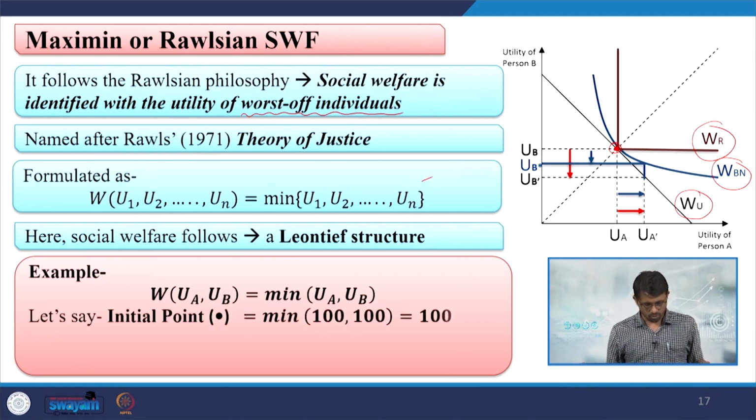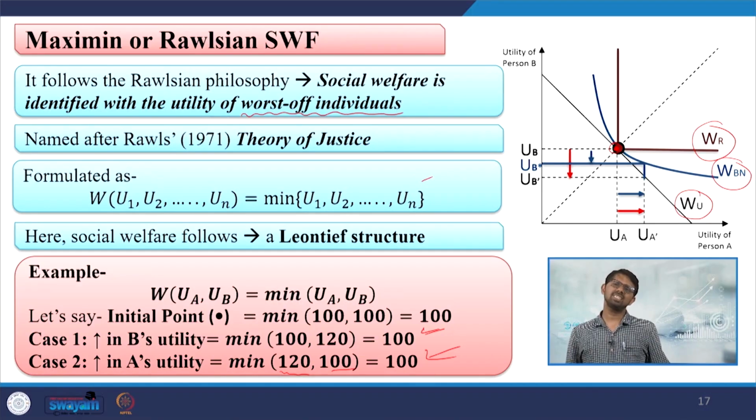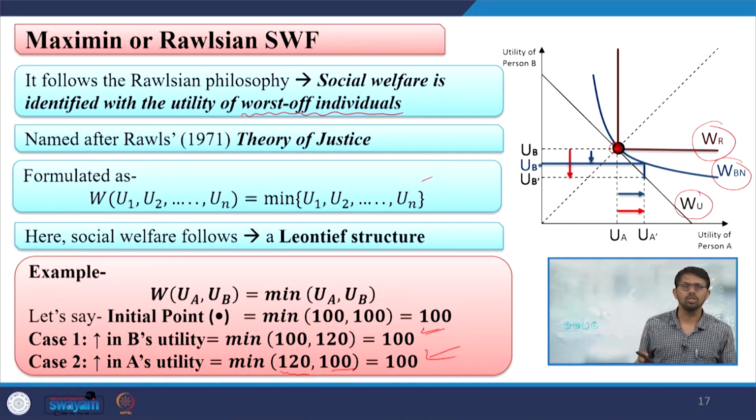best. So, the initial point which I have already said, if it is 100 and 100, then the minimum will be 100, and there are two cases you can solve and understand. If the minimum choice between 100 and 120 is there, the minimum will be 100, or if the first person has 120 and another has 100, then 100 is actually required, and these might be considered largely substitutes for each other.